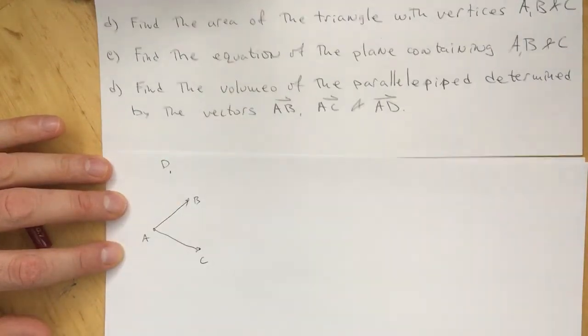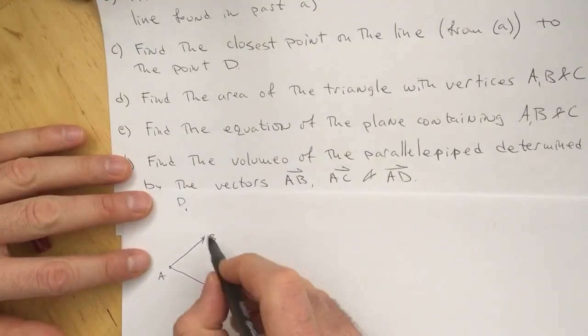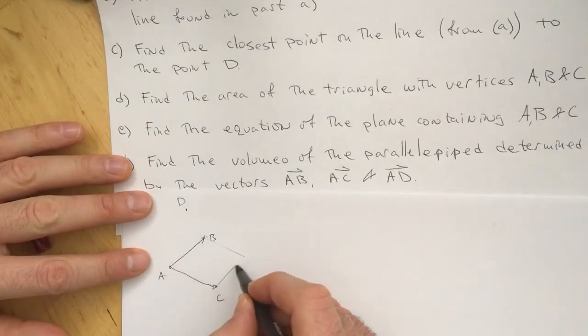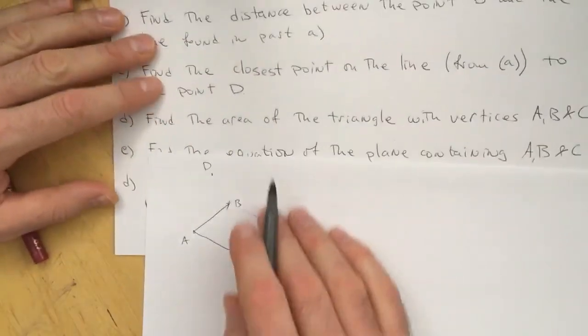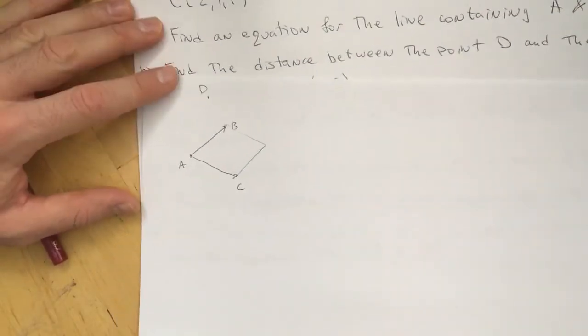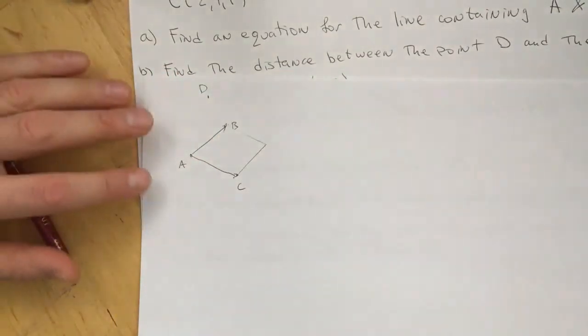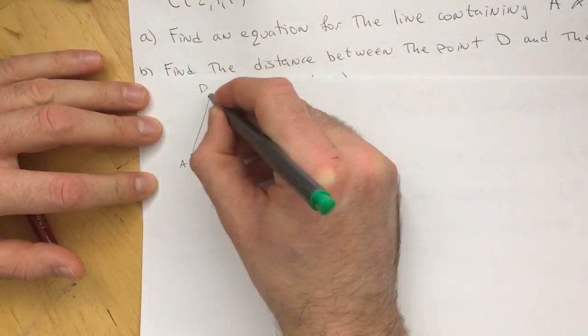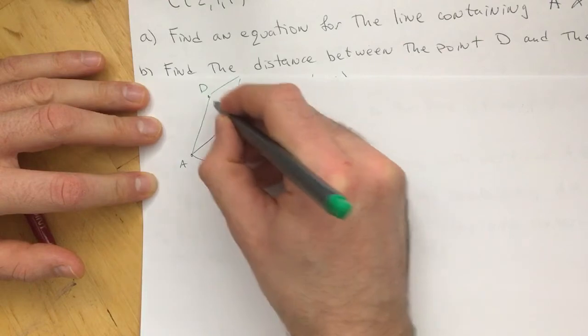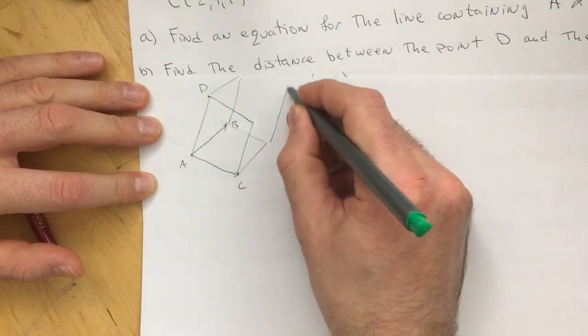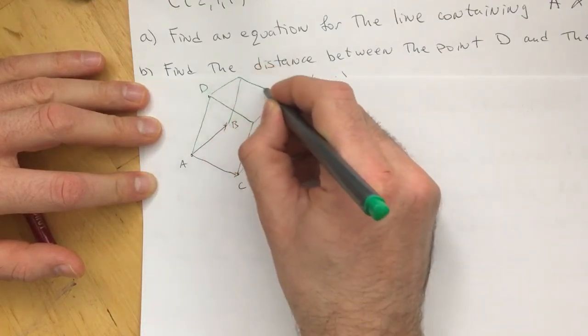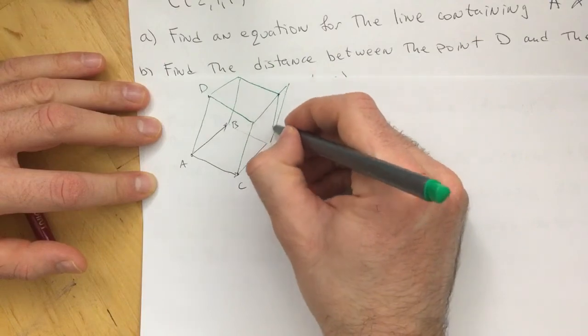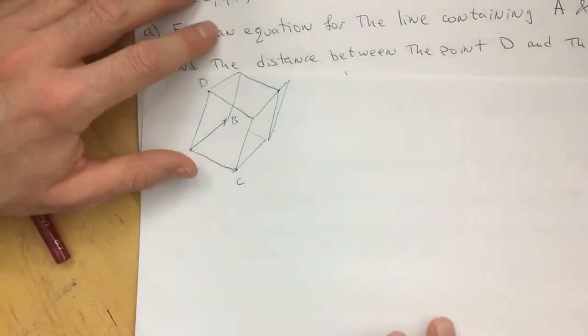So this is D, okay? So this base here is formed by the cross product, and then this goes out in 3 dimensions, right? So I have to find the volume of this parallelepiped.